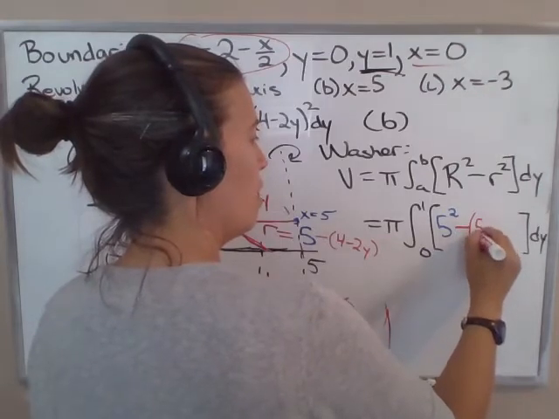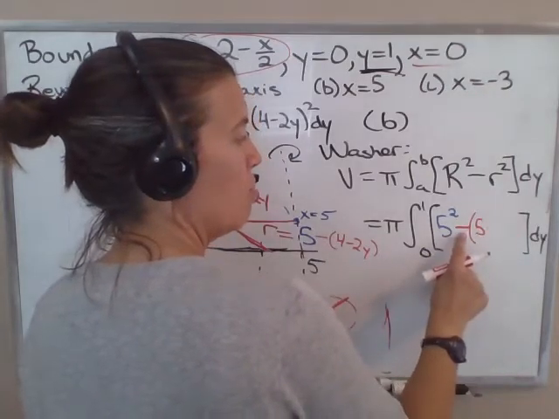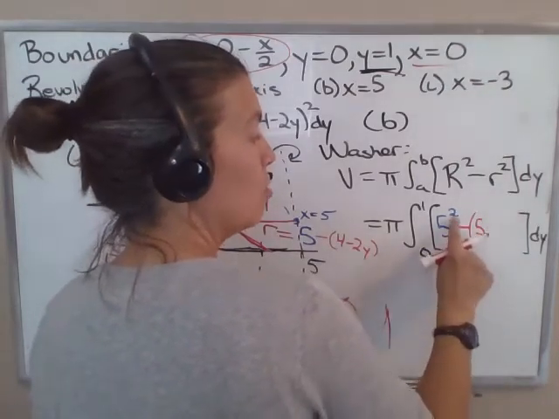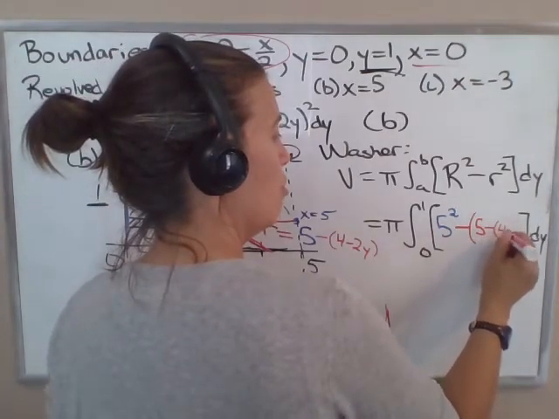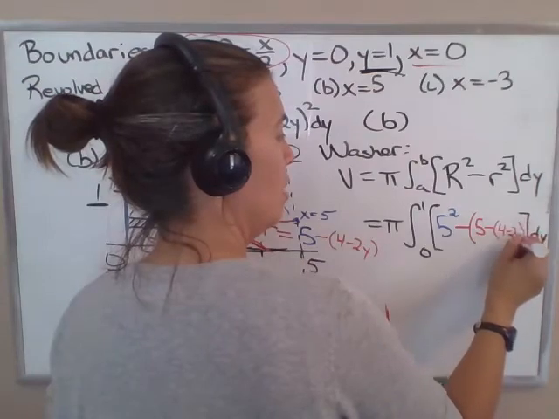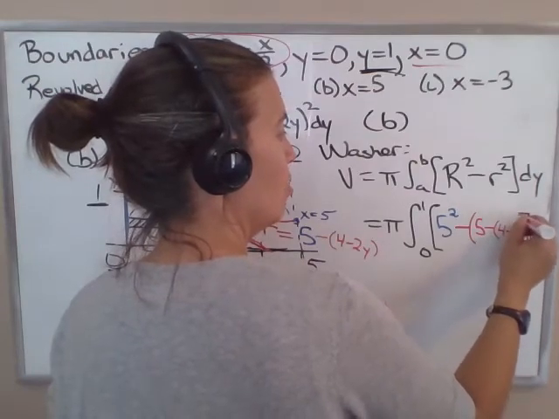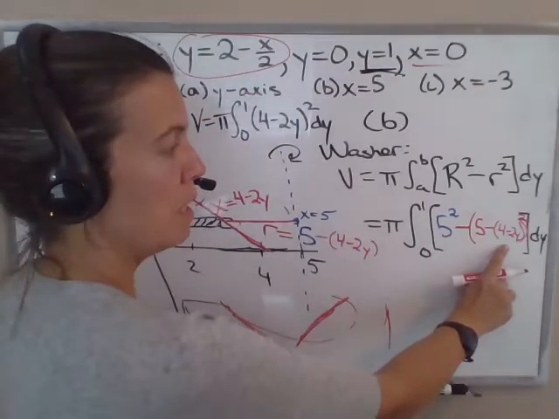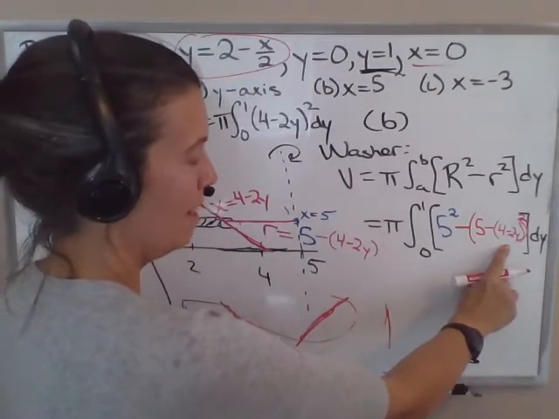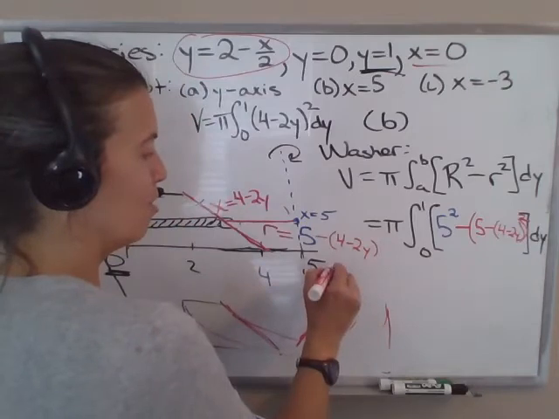So I'd have outer radius squared minus inner radius squared, where the inner radius is 5 minus 4 minus 2y, all squared. Sorry, that's pretty smushed. Maybe I should have combined like terms in retrospect.